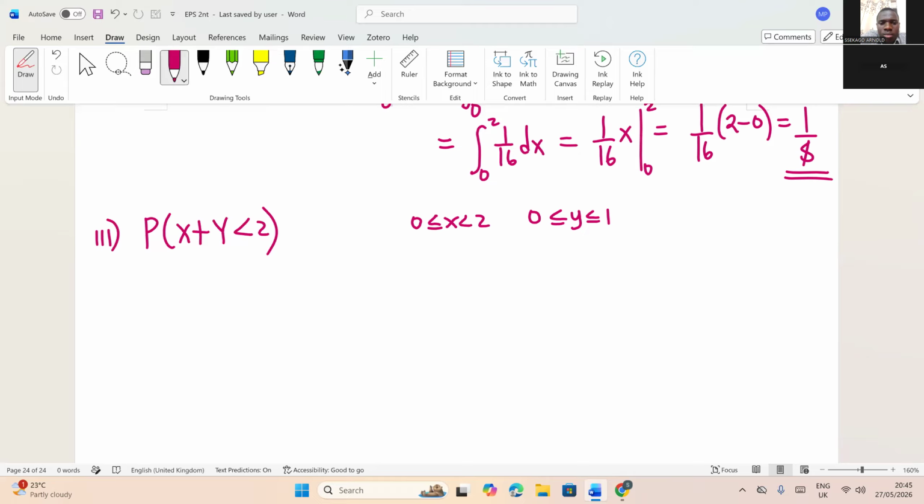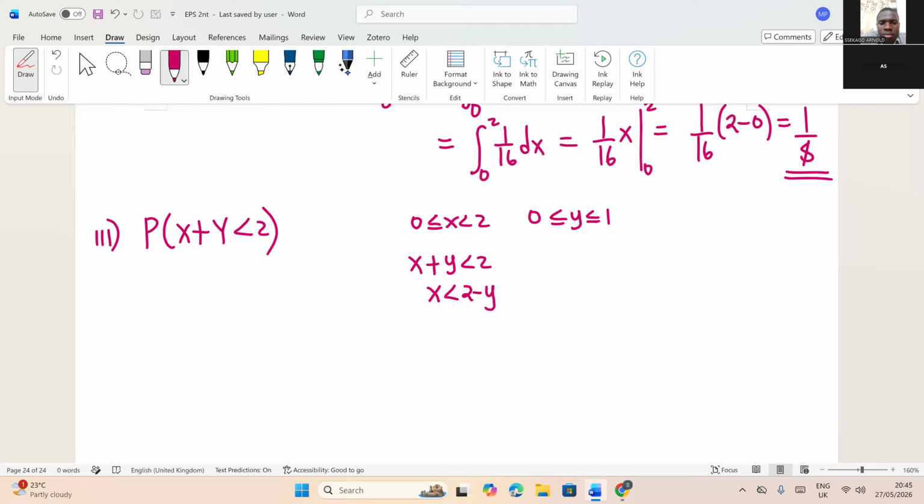So you decide. The condition which has been given is x plus y less than 2. For simplicity, you can either make y or x the subject. No worries. If I make x the subject, then I have x less than 2 minus y.